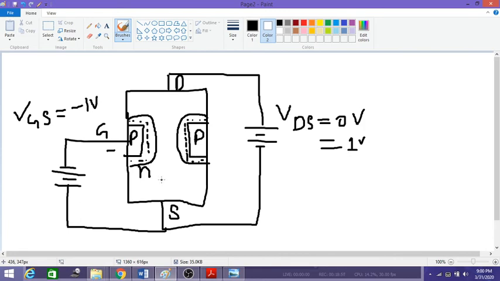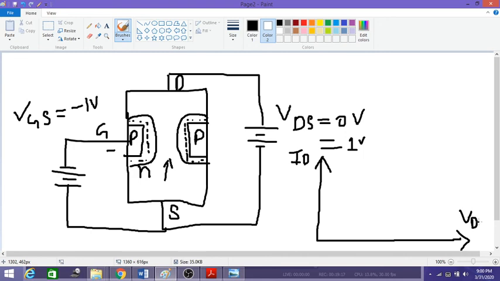When we apply VDS equal to 1 volt, like I said before, as you increase the VDS, the current starts flowing, increasing linearly. Now if I draw the graph, this is your ID versus VDS graph.